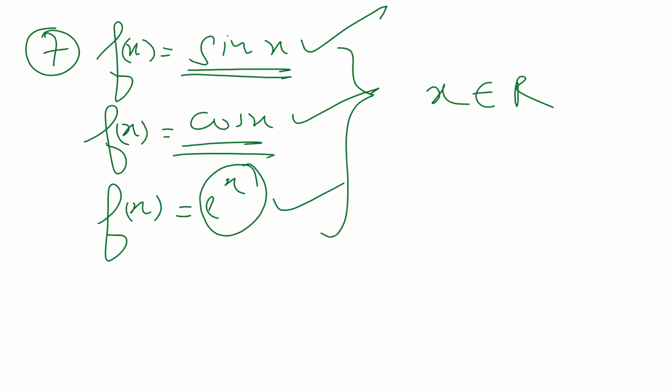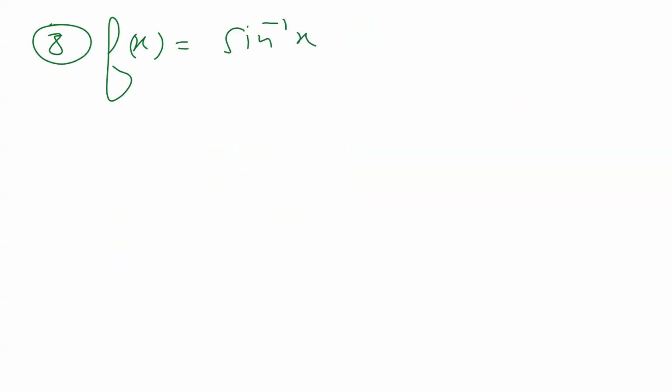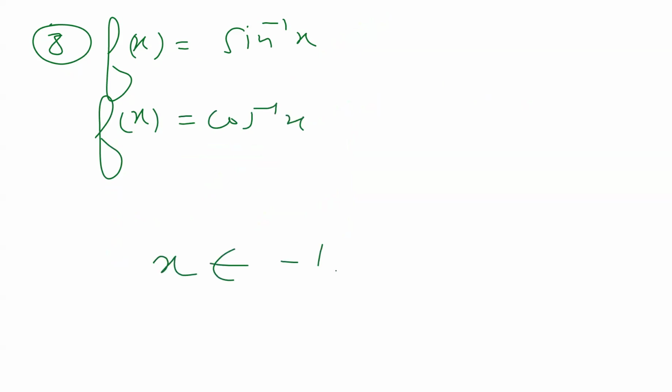Now let us understand some ITFs. F of x is equal to sin inverse x. F of x is equal to cos inverse x. So these are continuous only between -1 to 1.